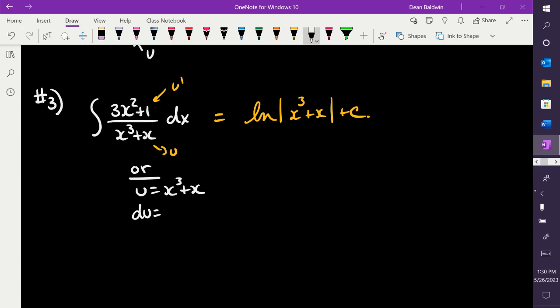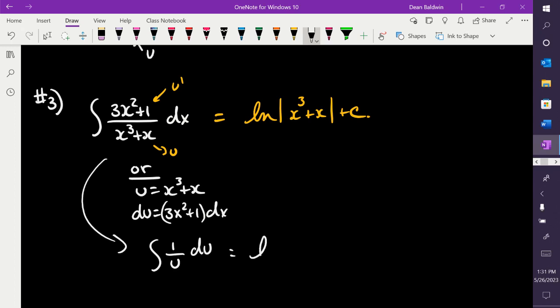So du is equal to 3x squared plus 1 times dx. So the integral becomes 1 over u du, which is, well, when you put it back in, you get that.